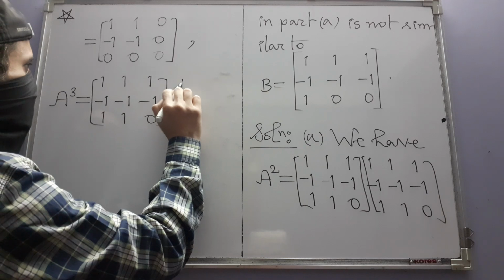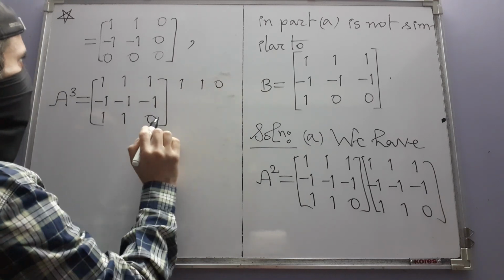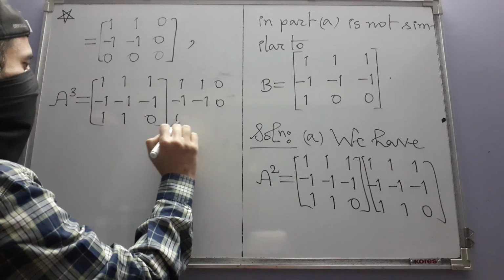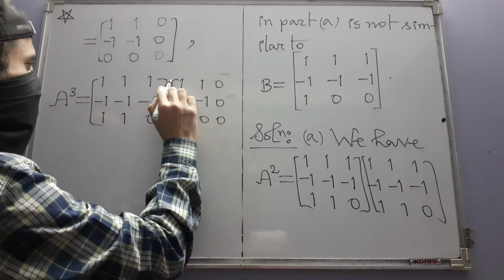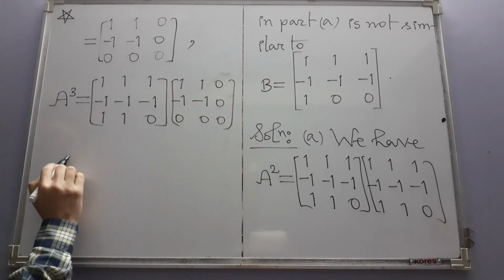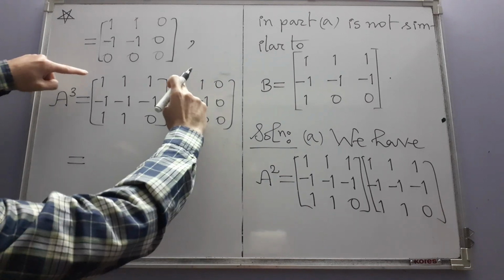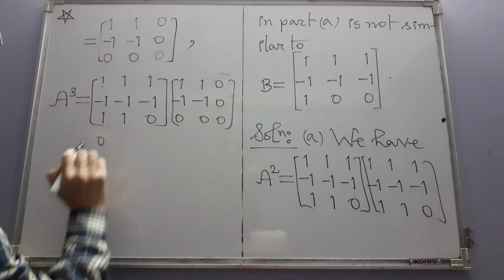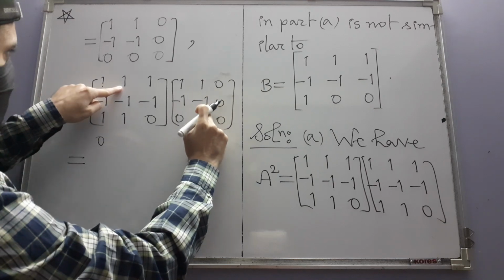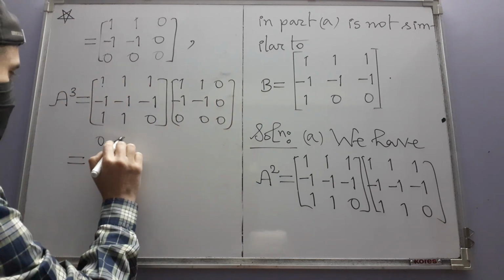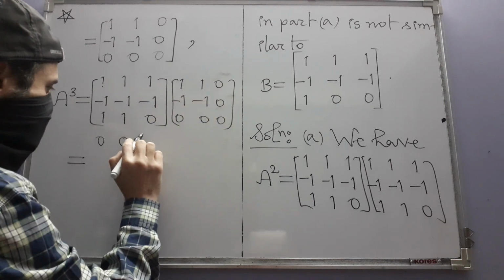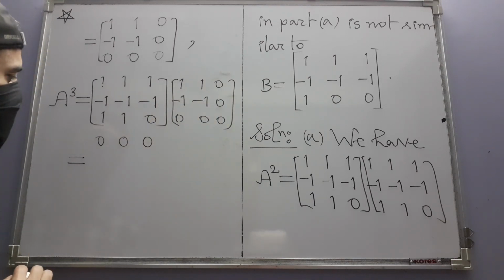This is A square, so 1, 1, 0, minus 1, 0, 0, 0, 0. One minus 1 is 0, 1 minus 1 is 0, and this column is entirely 0, so first row times third column is also 0.